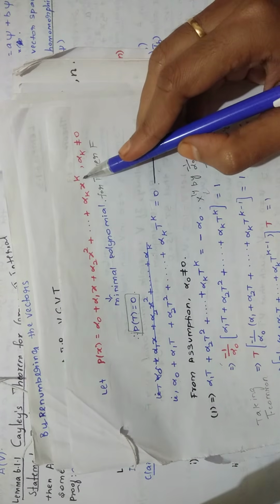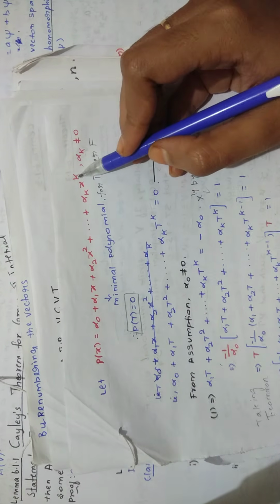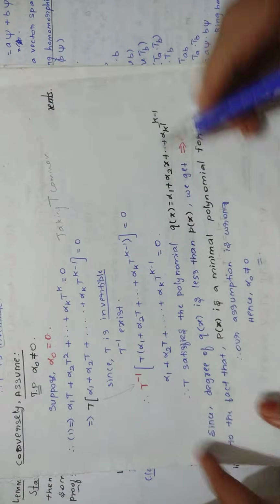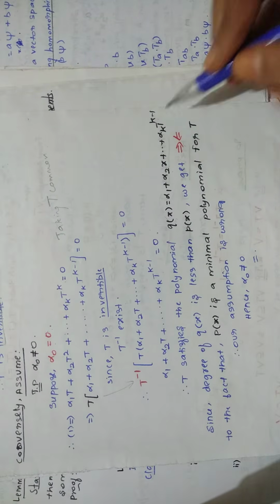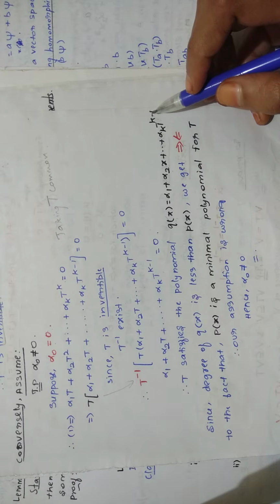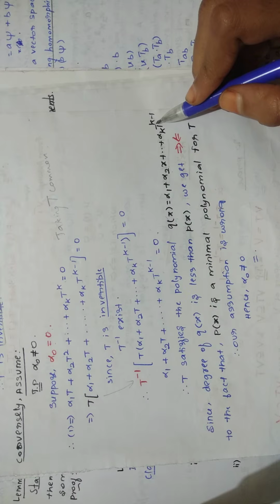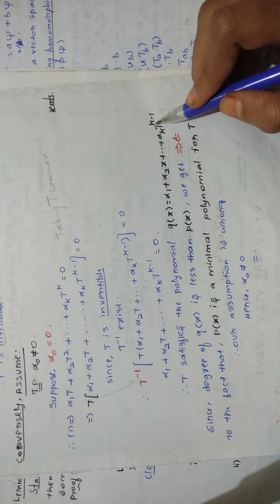The degree of the minimal polynomial p of x is k. But here you are getting another polynomial q of x, whose degree is less than the degree of the minimal polynomial p of x. Also it is satisfying t.